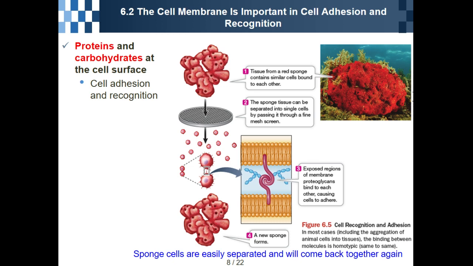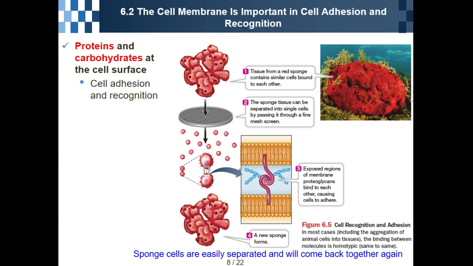But sometimes later, we'll find that identical sponges form like this. Because if you see here, each cell has protein and carbohydrate.